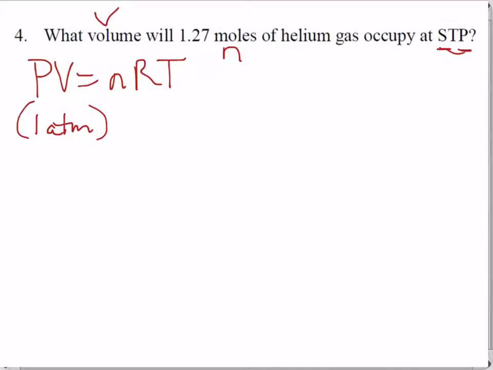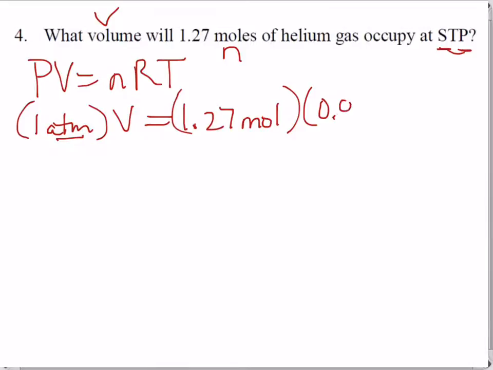atmosphere. We're trying to find volume. The n was 1.27 moles. The R, since we're having our pressure in atmospheres, we need our R in atmospheres. So that's going to be 0.0821.